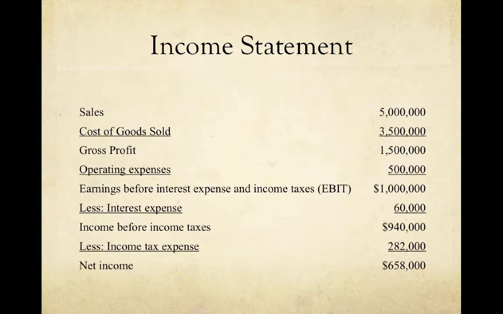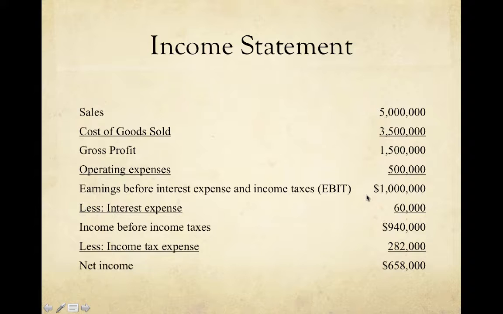Now here's an example of an income statement. In class we've seen many income statements, and this one's slightly different in that you see a few of the line items, one especially after operating expenses, and it's called earnings before interest expense and income taxes.